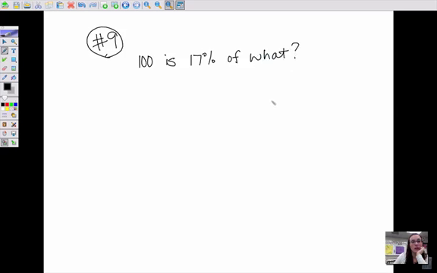So what they're saying is, you know the percent, so if I'm filling in my answers here, 17%, I'm going to put 0.17, okay? And 100 is the answer. So this is the part that we don't know this time. And 100 is our answer.